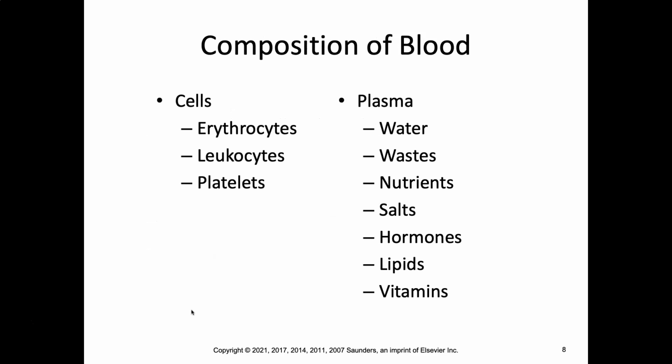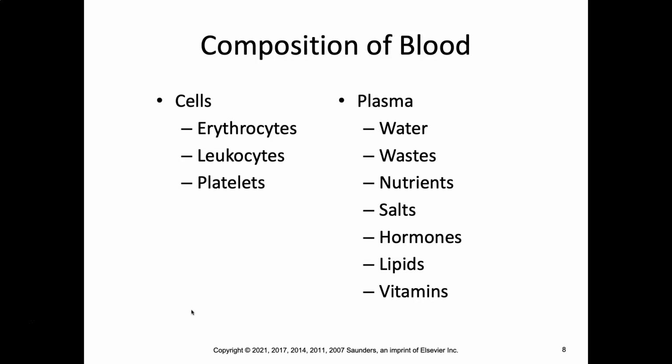All right, so what is blood made up of? There are 3 types of cells, and we covered this a few chapters back, but just as a quick review: erythrocytes, red blood cells; leukocytes, which are white blood cells; and platelets, which are clotting factors. So those are the types of blood cells.